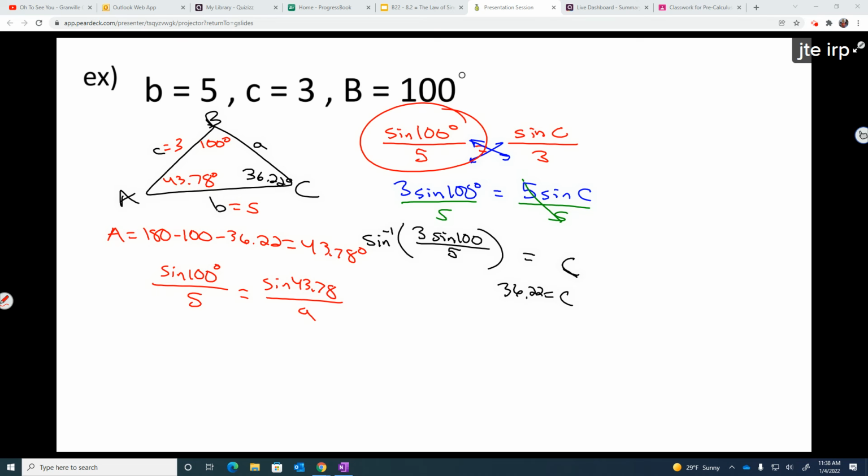Then cross multiply. A times sine 100 is just A sine 100 equals 5 sine of 43.78. And then lastly, we want to divide by the sine of 100. Plug that in here.